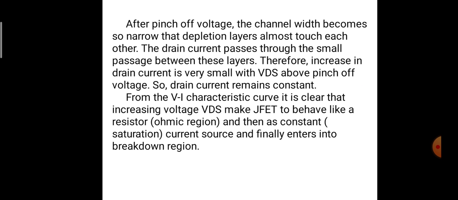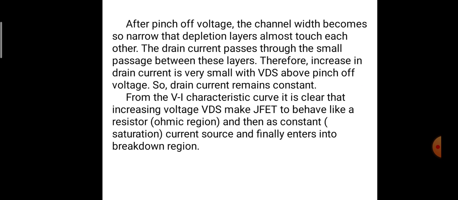After pinch off voltage, the channel width becomes so narrow that depletion layers almost touch each other. The drain current passes through the small passage between these layers. Therefore, the increase in drain current is very small with VDS above pinch off voltage, so drain current remains constant.